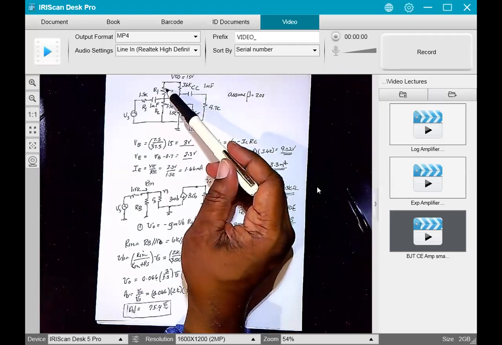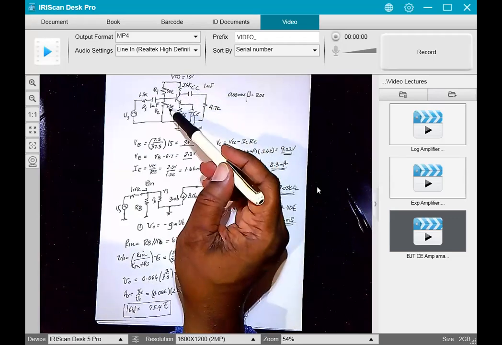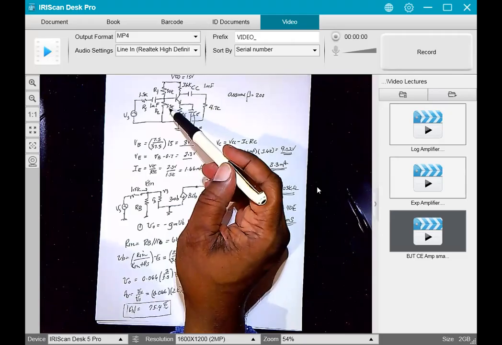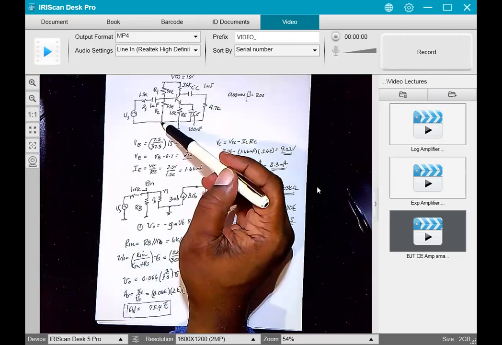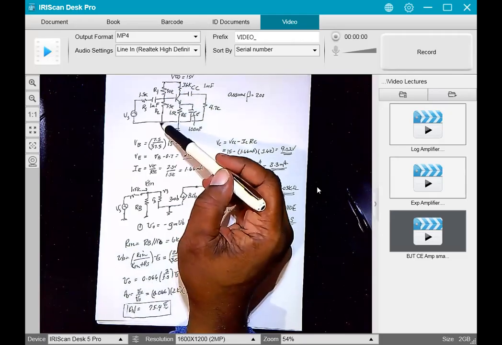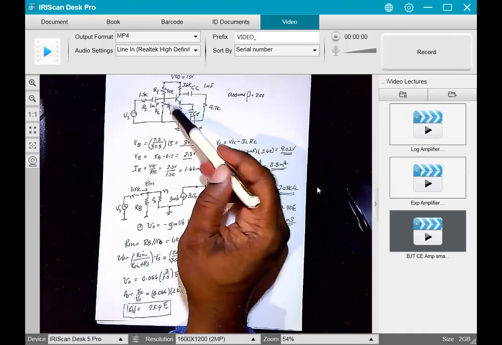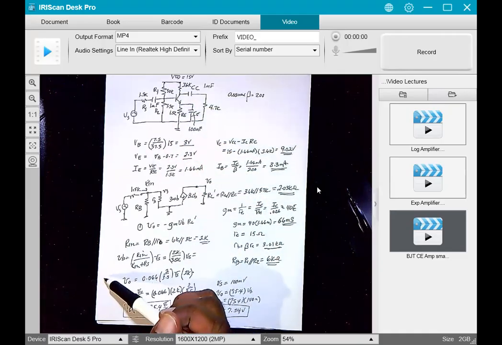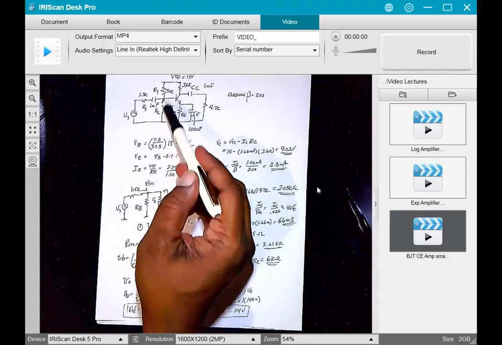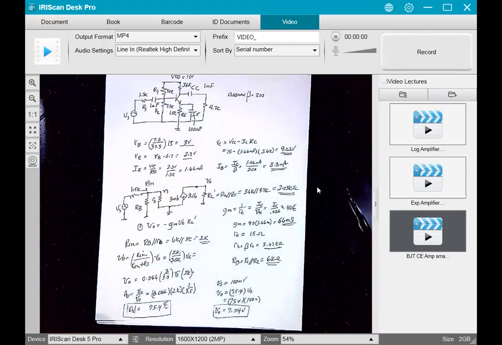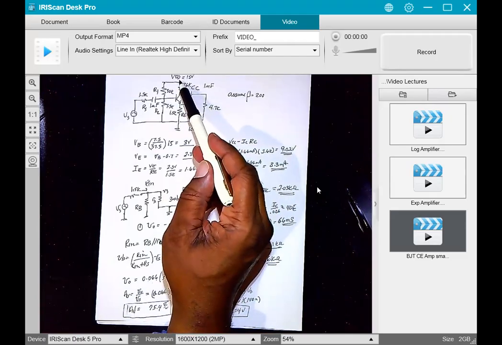So if I had a 7.5K and a 30K, that gives me a certain value. But if I wanted less current flowing through here and the same voltage, I can make each one of these 10 times bigger. So now the current flowing through here is 10 times smaller. So I have less power dissipation. Why would I care? Well, this supply voltage might be a 9-volt battery.